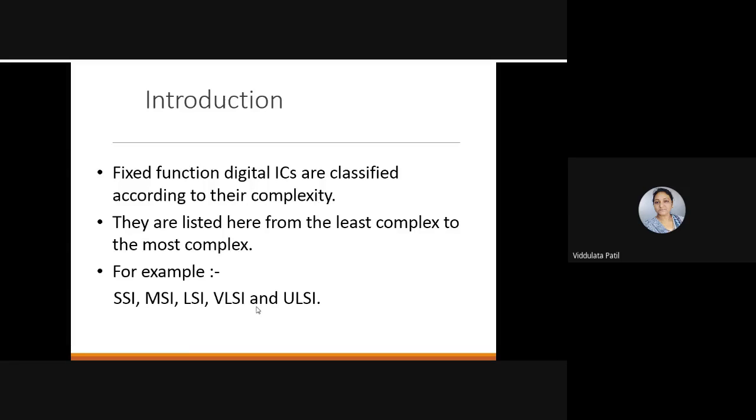Yes, what is meant by SSI? Then MSI. I think we have discussed this in the first lecture only, where we discussed the basics of digital electronics.